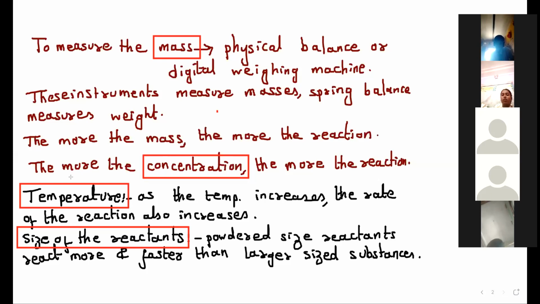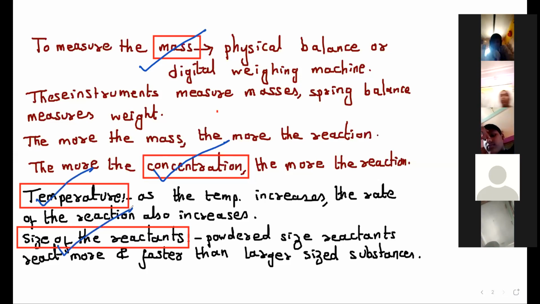So basically, there are four main factors which will alter the rate of the reaction: the mass, the concentration, temperature, and the size of the reactants. Is there any other factor? Yes, but that is not as important.